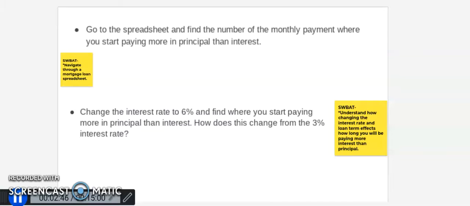So I want you to go to the spreadsheet and find the number of the monthly payment where you start paying more in principal than interest.